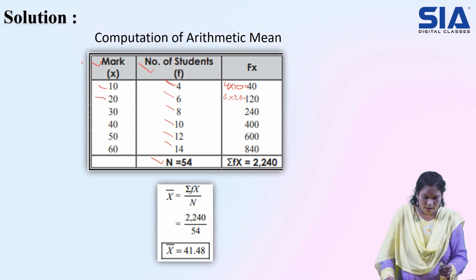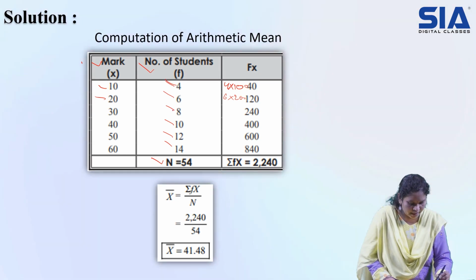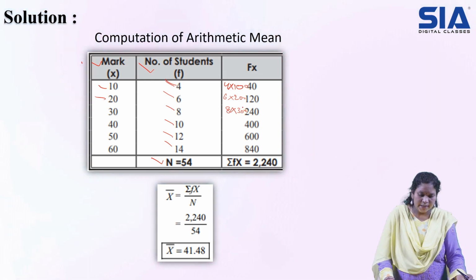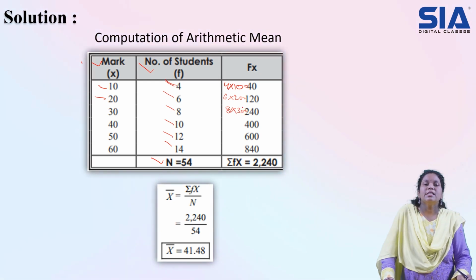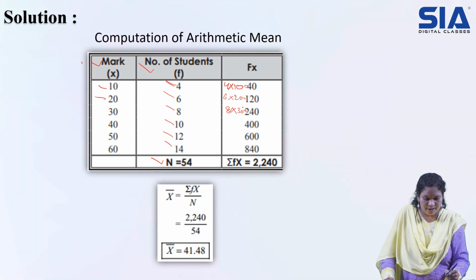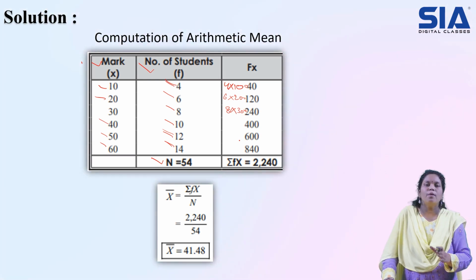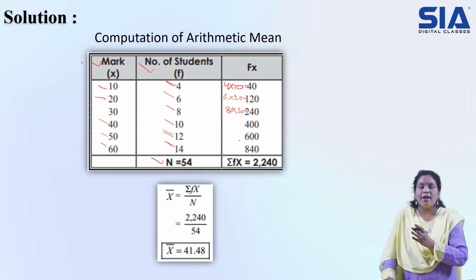Like that, calculate for each and every value. Next, 8 in frequencies and 30 in marks. So 8 into 30 is 240. Similarly, calculate for every value of f into every value of x. 10 into 40, 12 into 50, 14 into 60, you go on doing, you'll get 400, 600, 840. So simply multiplying the f column with the x column gives your fx column.